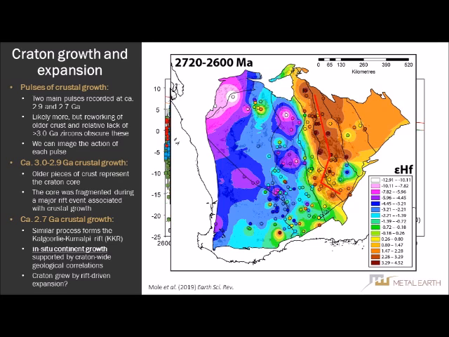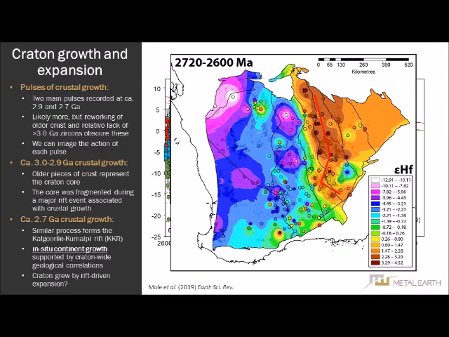So this craton is essentially growing by rifting and separation and spreading around of these different older blocks, but also new crust is being pumped into these rift zones. This is the rift that we're saying possibly there.